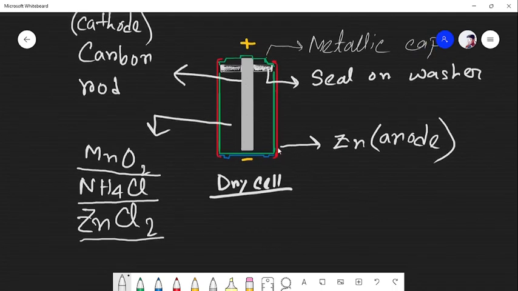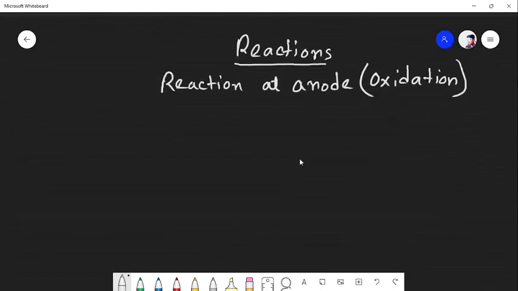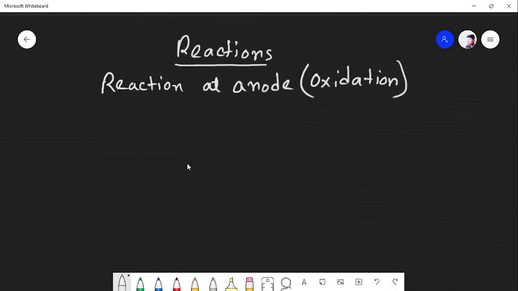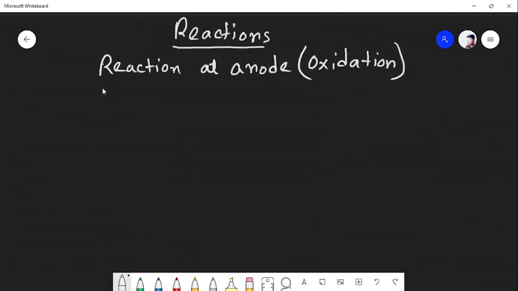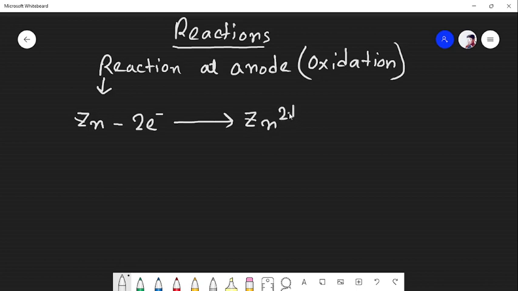Zinc at the anode will donate electrons and join the cell as a zinc cation. Let's write it down. Zinc will donate 2 electrons and become a zinc cation and join the cell. So this is the reaction at the anode.